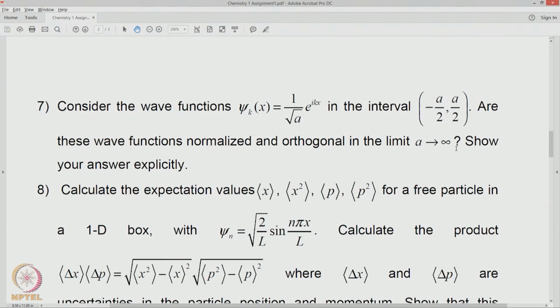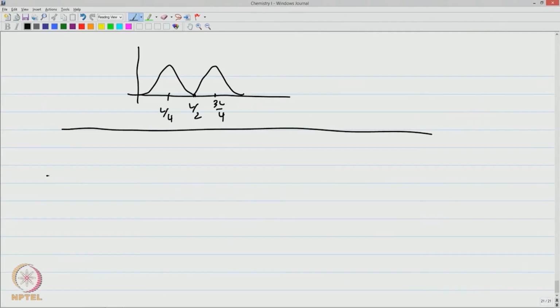The first thing is to see whether these functions are normalized. So, psi k of x is 1 by root a e to the i k x, and the region is minus a by 2 less than x less than a by 2.